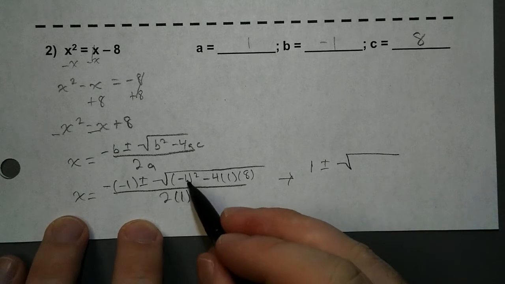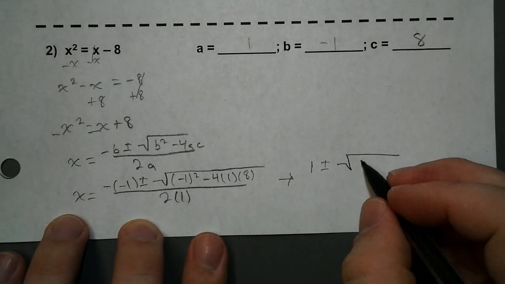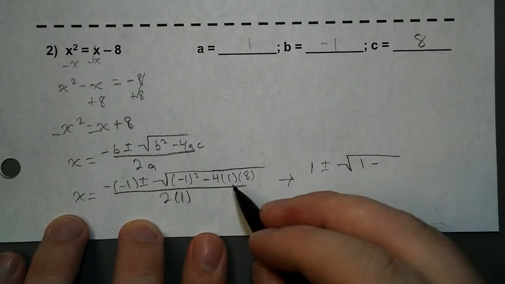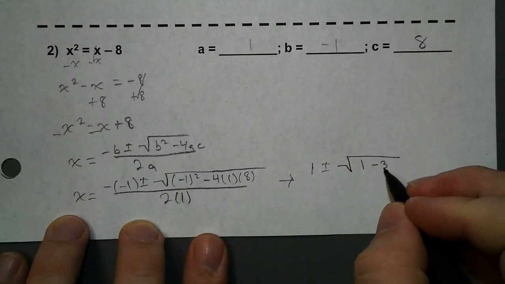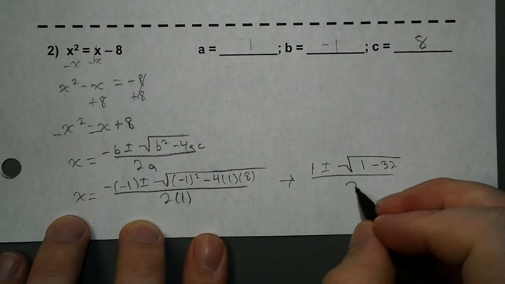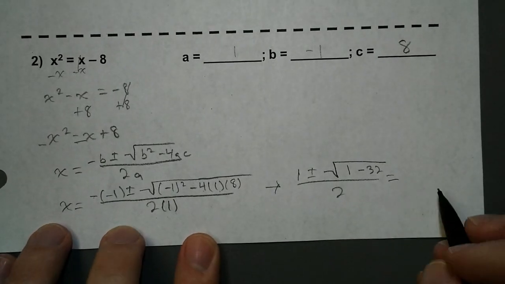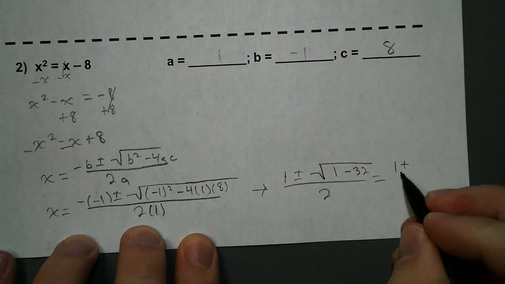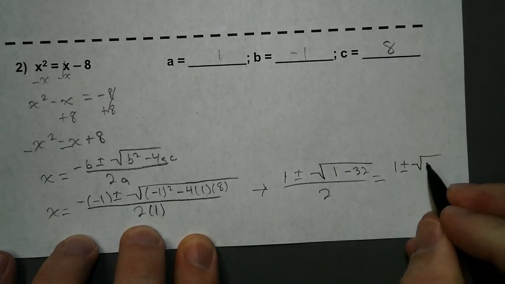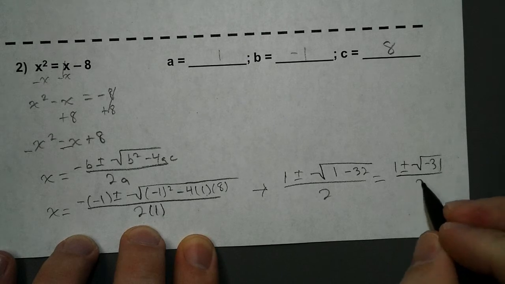We're just going to simplify the square root. Negative 1 squared is positive 1 minus 4 times 1, which is 4, times 8, which is 32, over 2. And this comes out to 1 minus 32, which is negative 31. So 1 plus or minus the square root of negative 31 over 2.